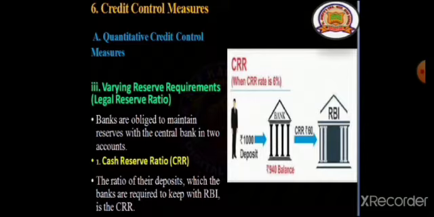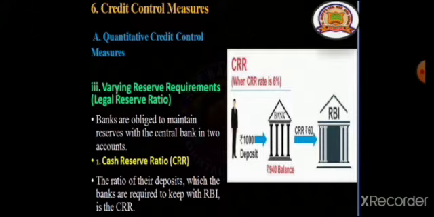When CRR is changed, inflation is also going to change. 1000 rupees is in the bank, 60 rupees they keep as CRR with RBI, and 940 is the balance, with which the bank operates in the form of transactions, accepting deposits or giving loans. When the bank gives maximum loans to people, people have maximum money and purchase maximum, which leads to inflation in the market.